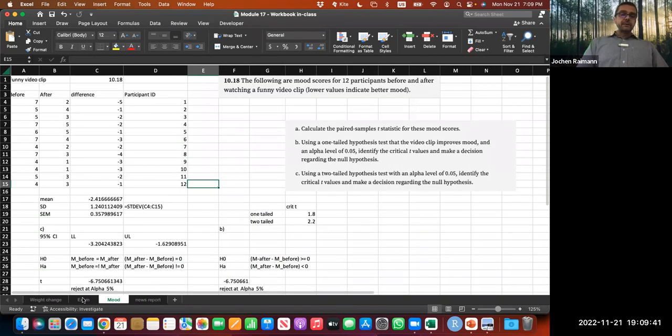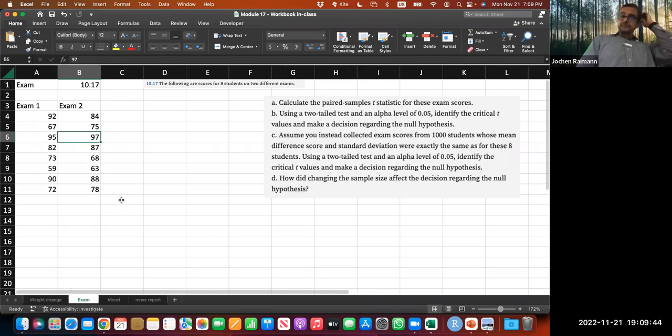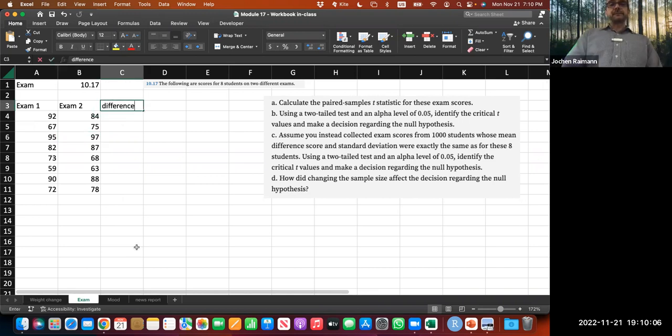Good. An interesting example was also this. So I just want to quickly do this example. We have here something that depicts two different exams, exam 1 and exam 2. We are interested in the differences from the first exam to the second exam. We're calculating our difference, exam 2 minus exam 1.